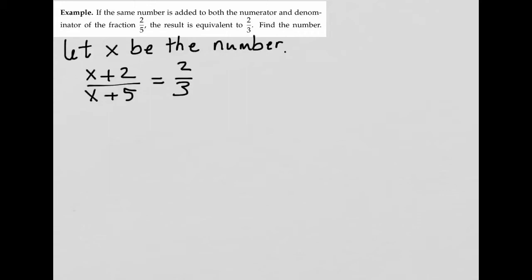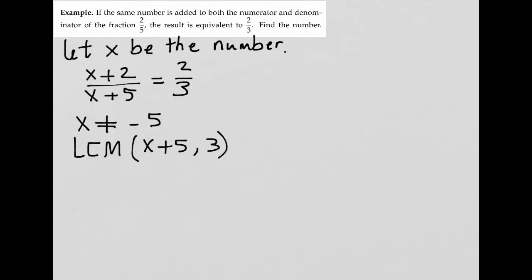First of all, x cannot be -5. And the LCM of x plus 5 and 3 is their product, 3 times x plus 5.